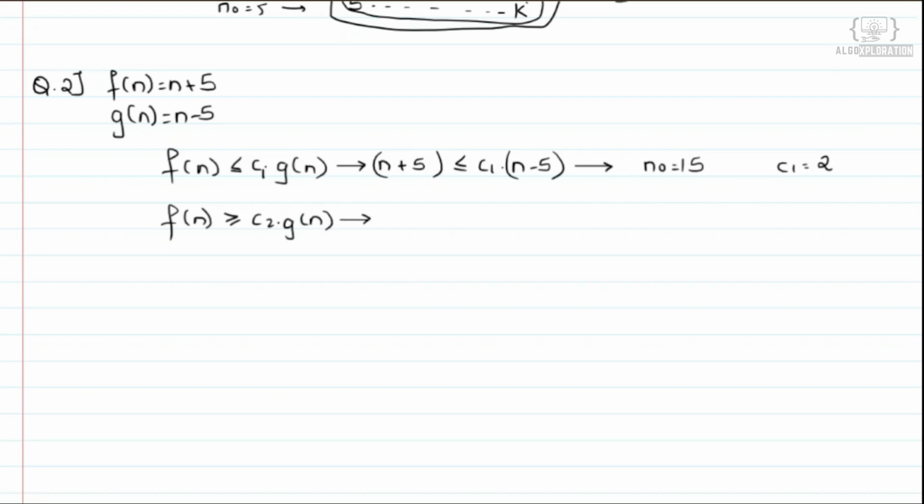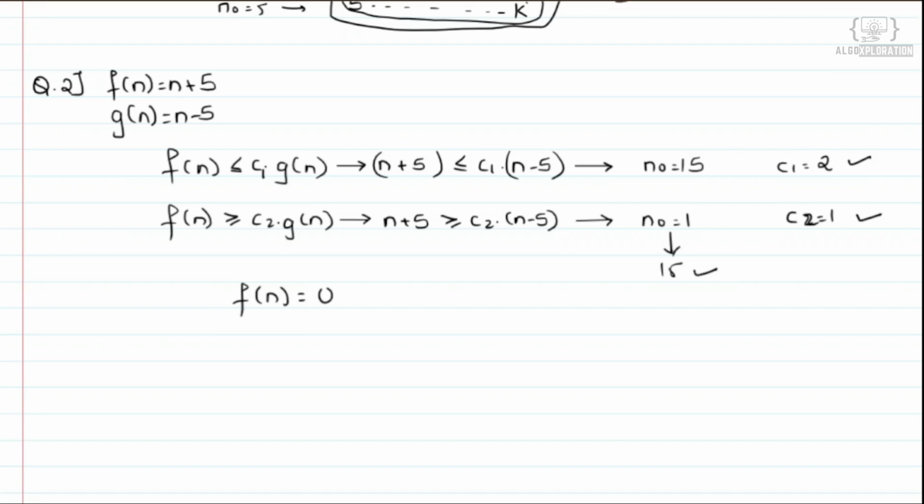By substituting the values, we get n plus 5 is greater than or equal to c2 into n minus 5. So we get n naught as 1 and c2 as 1. The common value between 15 and 1 is 15. So c1 is 2, c2 is 1 and n naught is 15. So we can say that f of n is equal to theta of g of n.